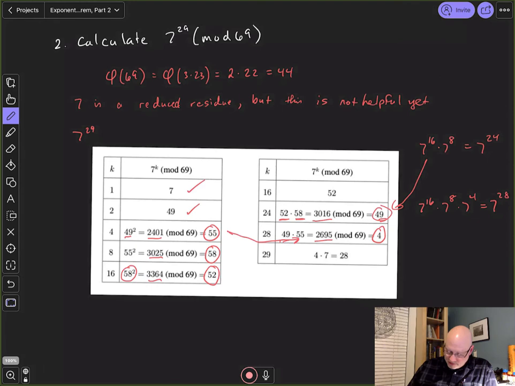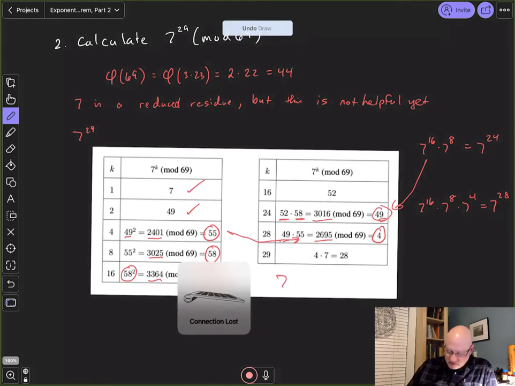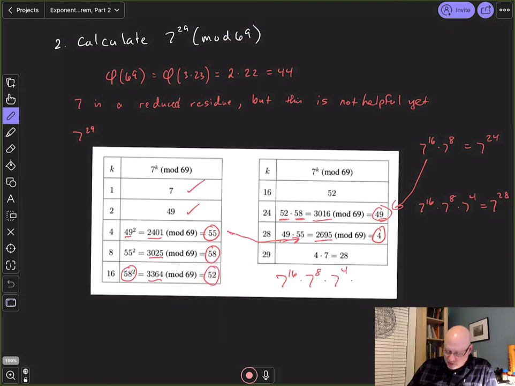So last but not least, I have 7 to the 16th times 7 to the 8th times 7 to the 4th times 7 to the 1st equals 7 to the 29th. And so I find out that 7 to the 29th mod 69 is equal to 28. Okay.